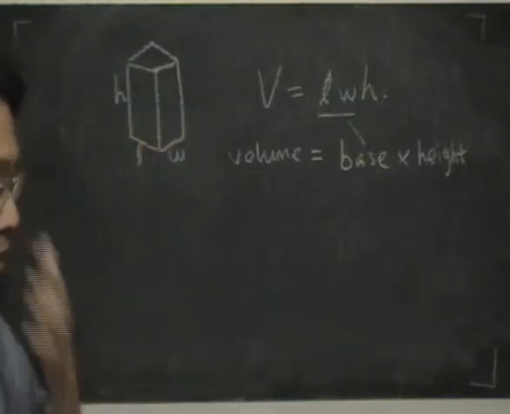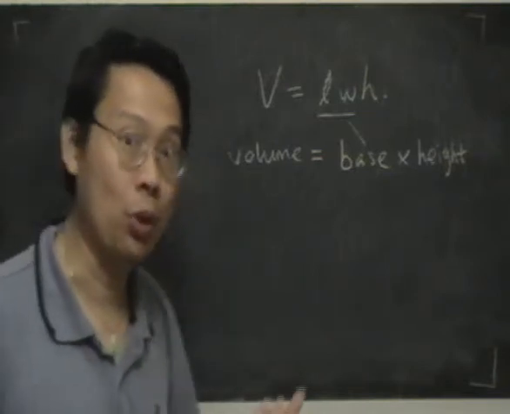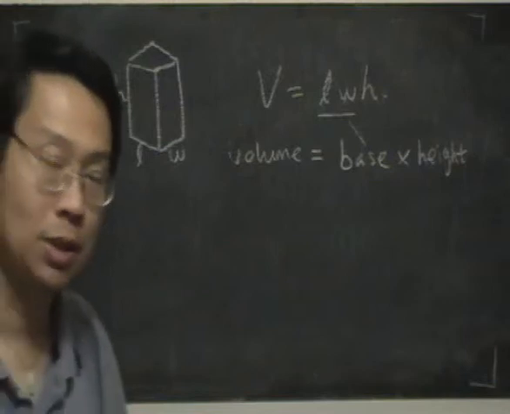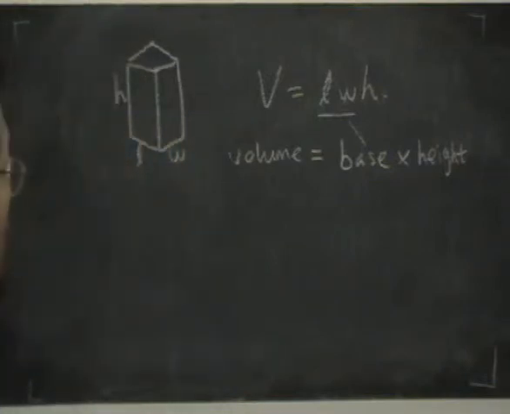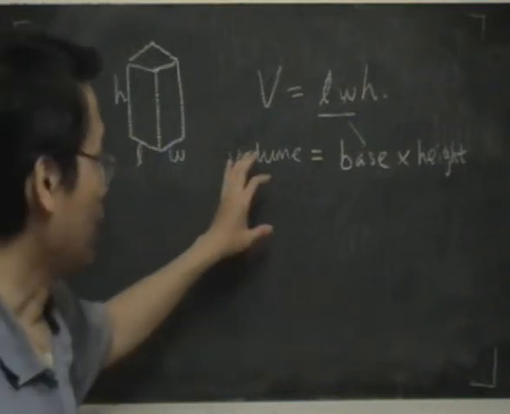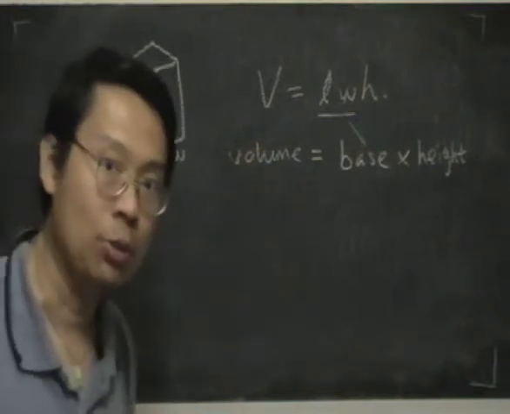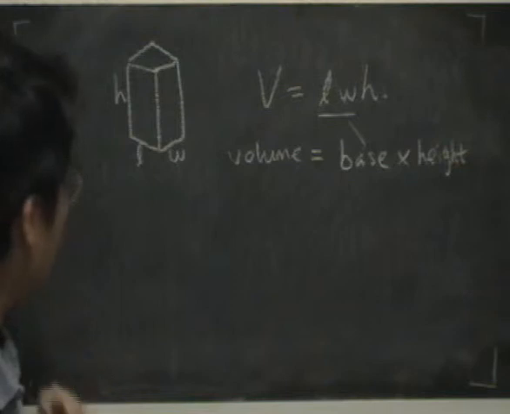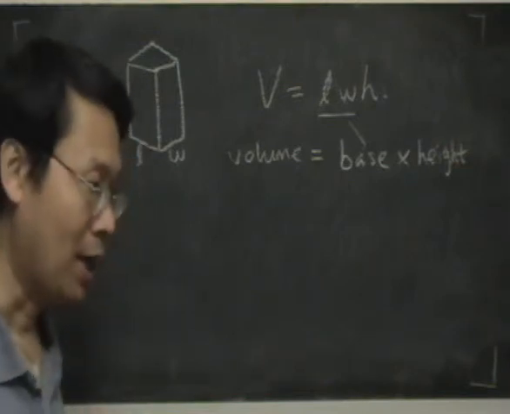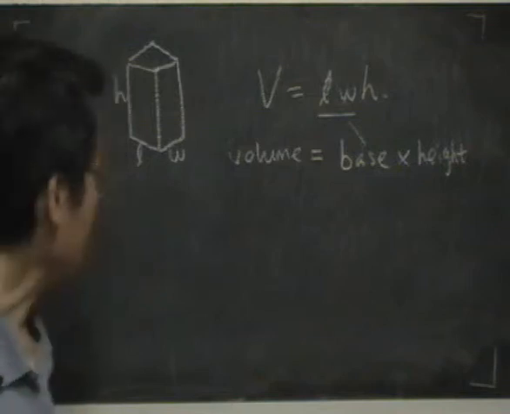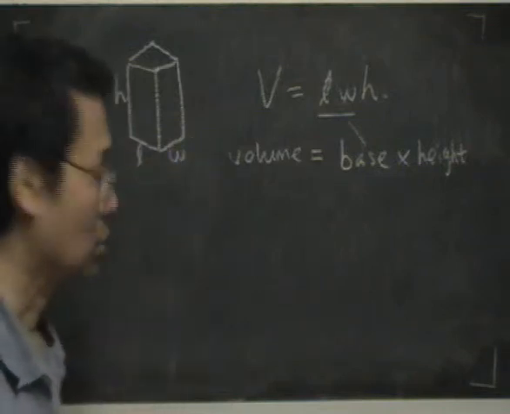But then, if it's the same, what is the point of doing this? Now the point is that I can use this formula if I have a slightly different shape, if I have a base that is not rectangular.